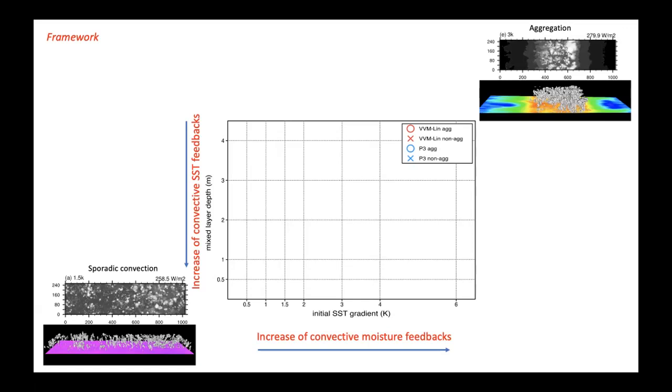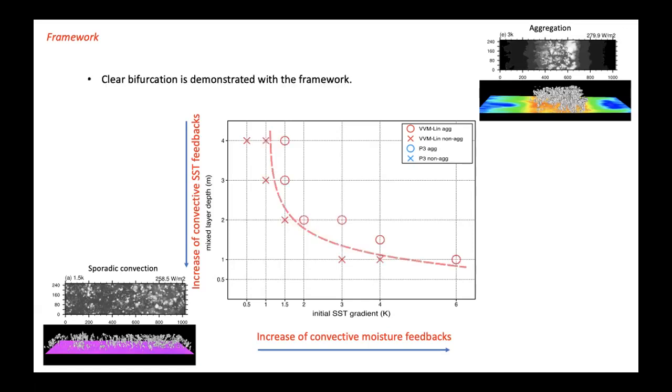So we do numerous experiments on this diagram, and the results can be separated into the aggregated state, as shown in the upper right corner, or the sporadic convection, as shown in the lower left corner. The results show a sharp transition between the non-aggregated and aggregated states of the experiment. A clear bifurcation is demonstrated with this framework.